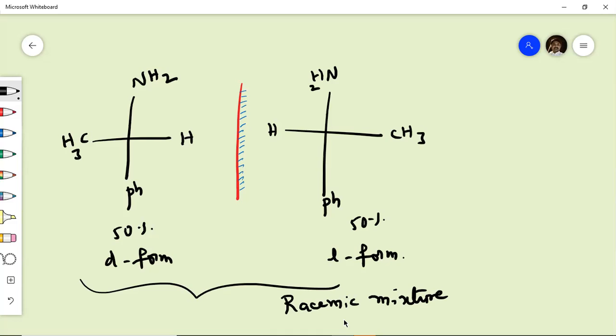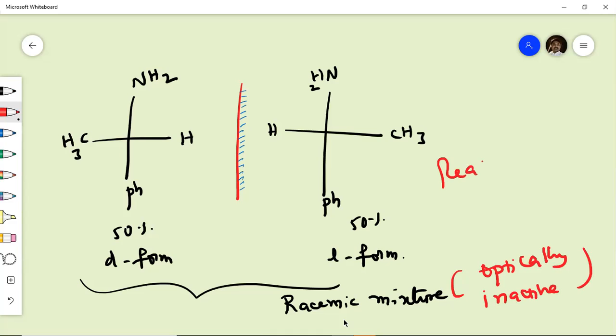That is called external compensation. This mixture is optically inactive, and the reason is external compensation.